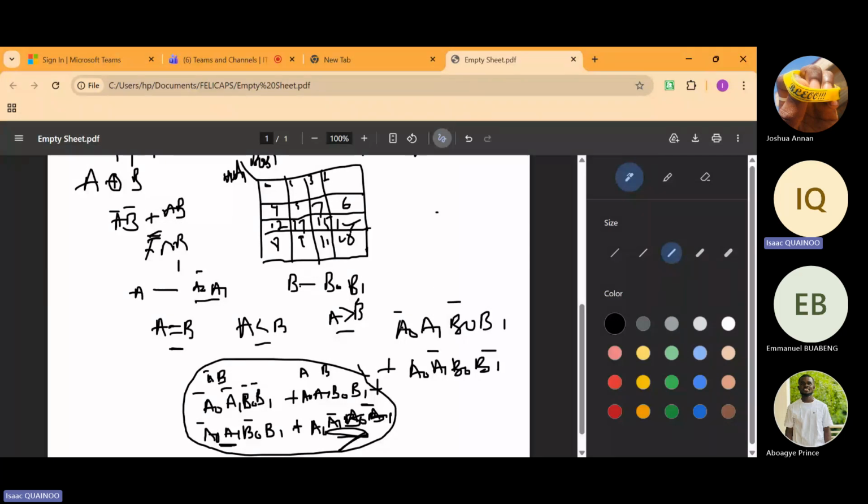So if we decide to replace, let me see, you have A0, A1. Okay, so we can see this right here, right? We can also see this right here. So please, who can tell us what this exactly represents?